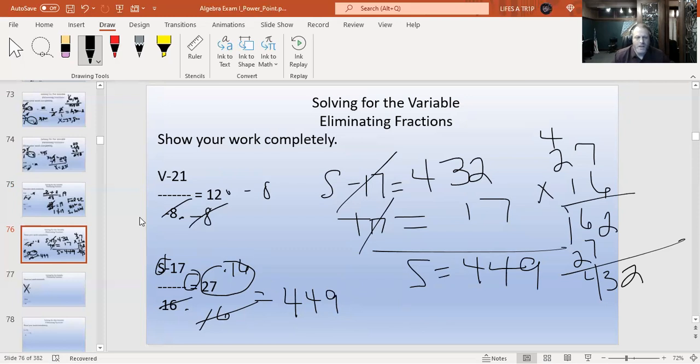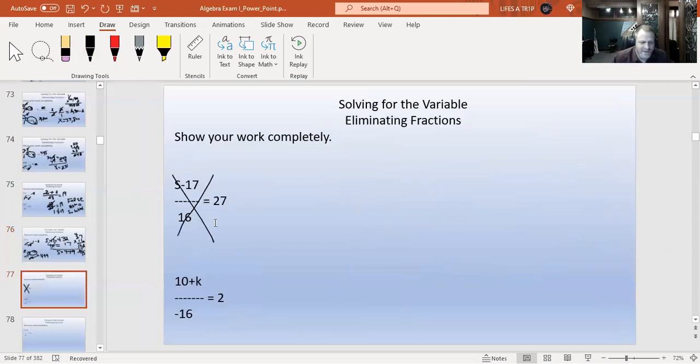All right, guys. All right, let's go to the next one. All right, I crossed this one out because that was a duplicate. All right, so let's go to 10 plus K over negative 16 equals 2. All right, times the negative 16, times the other side, times the negative 16. Get rid of this.